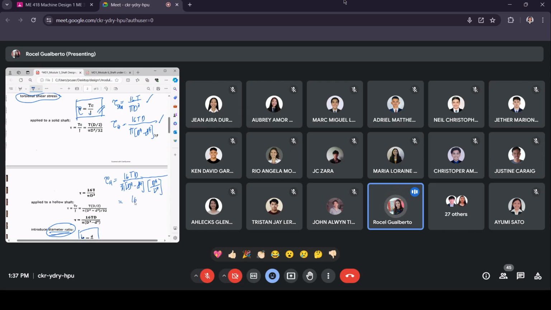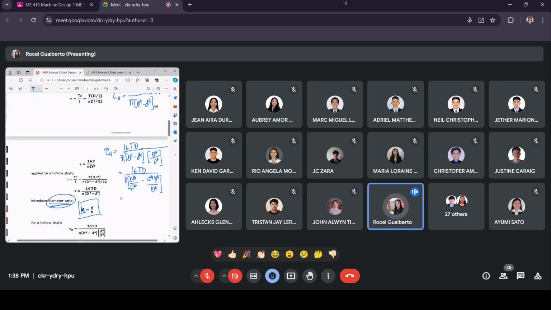Simplifying this, we arrive at 16TD over pi quantity D to the 8th over D to the 4th minus small letter d to the 4th over D to the 4th. This is multiplied to the items inside the parentheses. Let us then further simplify. What is common between these two is D to the 4th. So we have 16TD over pi D to the 4th.